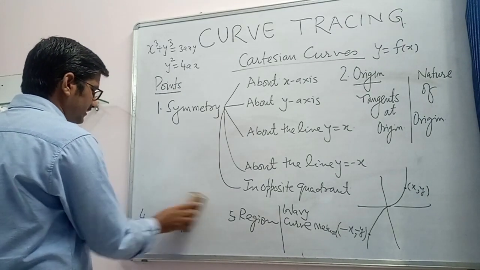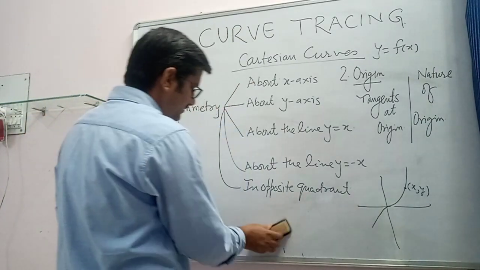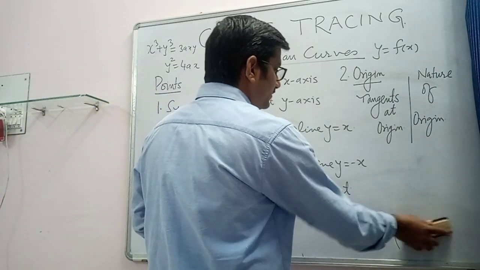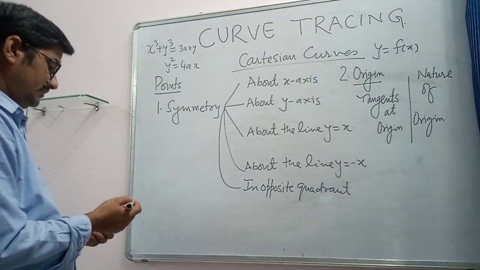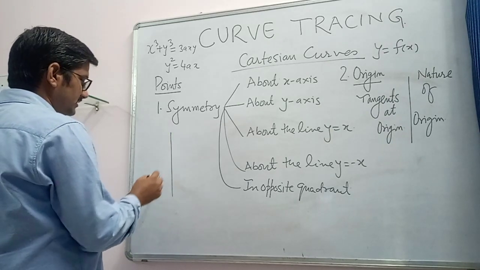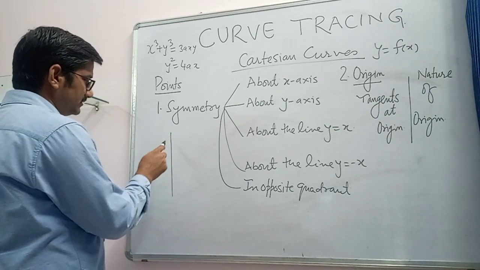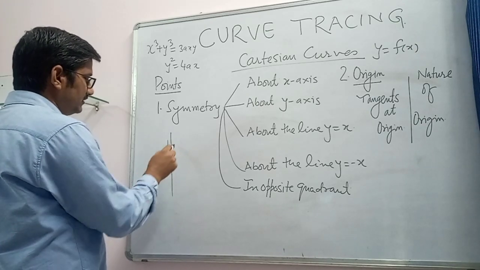So what is the symmetry? Symmetry means that if a curve is symmetric about a line, then the shape of the curve on either side of this line will be the same.